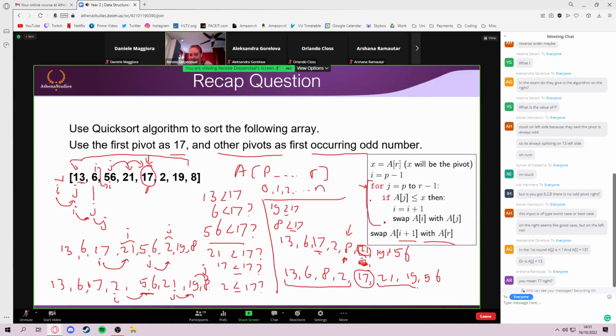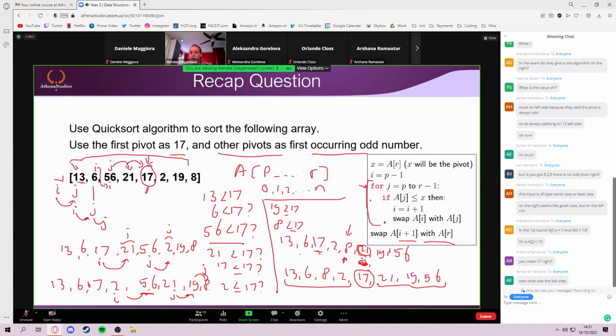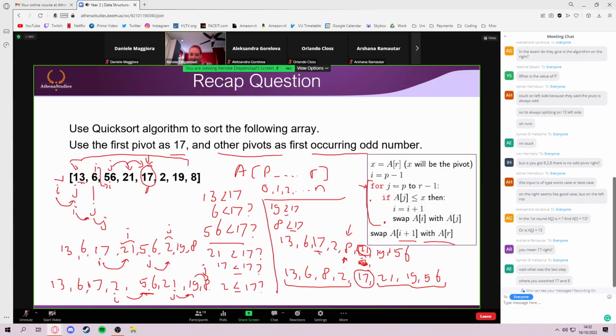Right, and now we would have to do the same for this part. What was the last step? Yeah, so that is the final end where we say we swap the pivot, this one, with the i plus 1. And we had the i at, I think the i was supposed to be the 2, right?